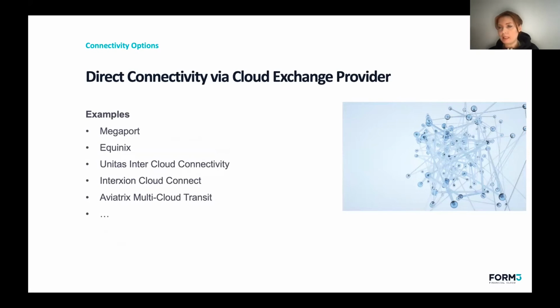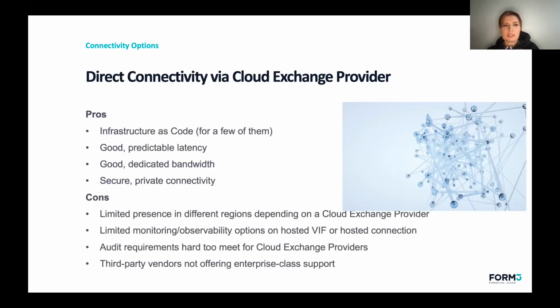We focused on Megaport because they have pretty good presence in many countries, especially in the London region. So we did our proof of concept with Megaport. Another important thing for Megaport was that it provided a Terraform provider, so we could terraform our infrastructure. So that's definitely one of the pros.